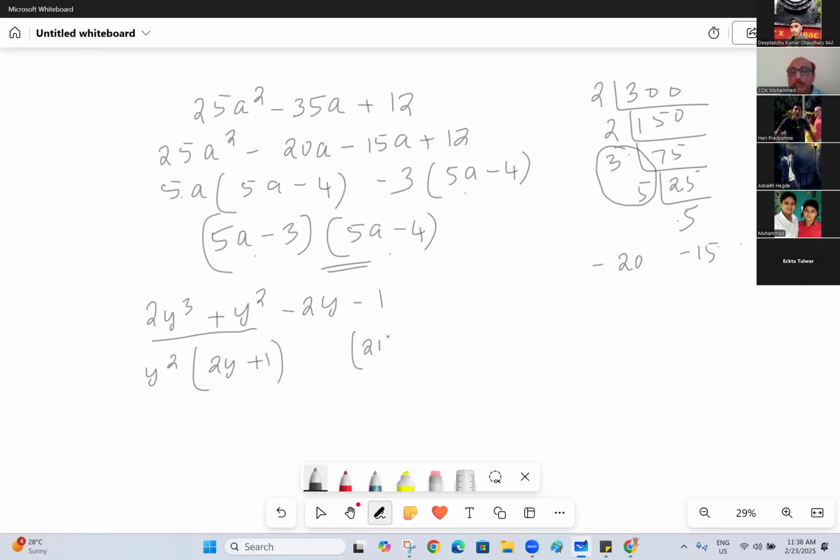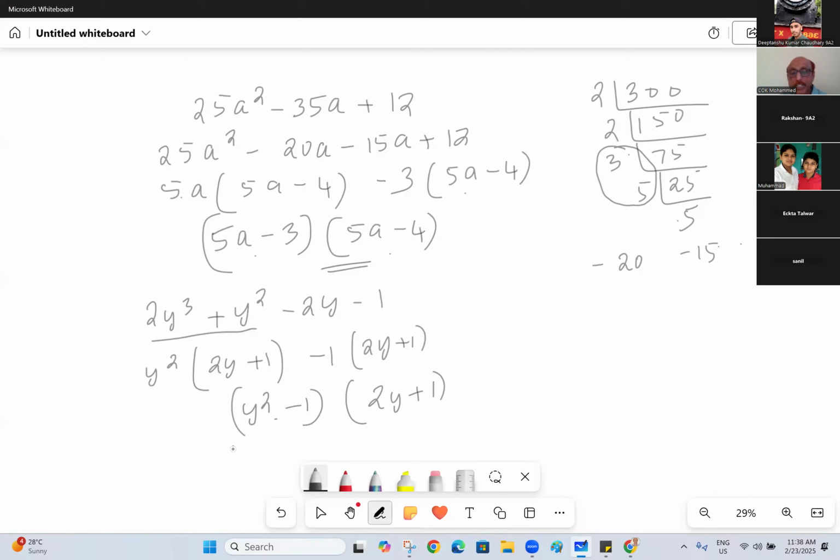I want 2y plus 1 here as well. So what will you take outside? Anybody? Fast. Minus 1. So I got y square minus 1 into 2y plus 1. Now split this one. What will you do? Y square minus 1 into y plus 1 into y minus 1 into 2y plus 3.